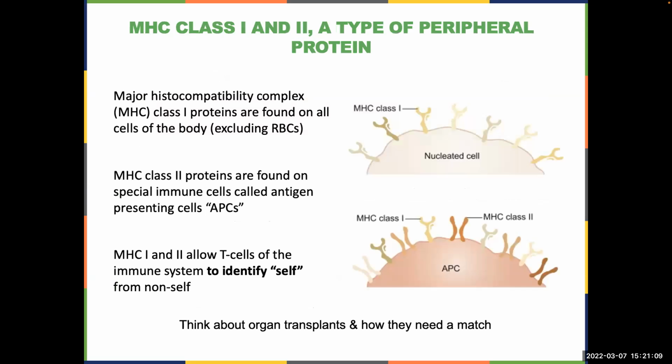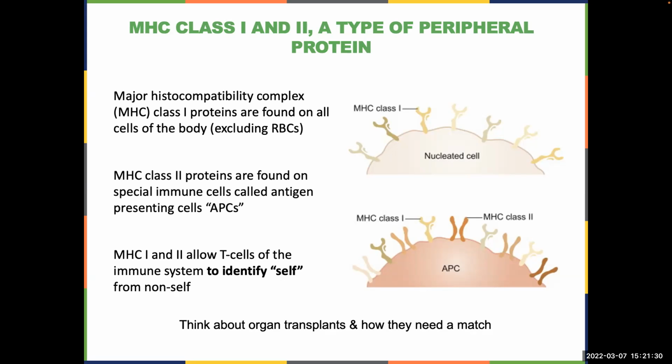Okay. One important example of a peripheral protein that I wanted to bring to your attention, that I was a little surprised your book didn't include, is called major histocompatibility complex.